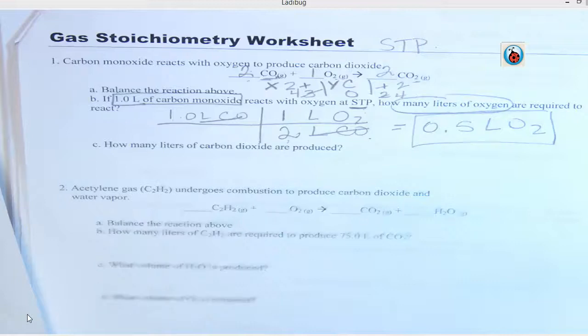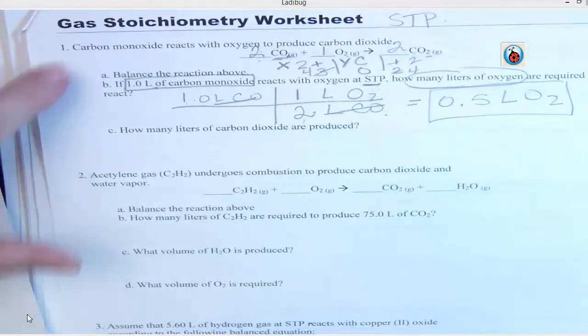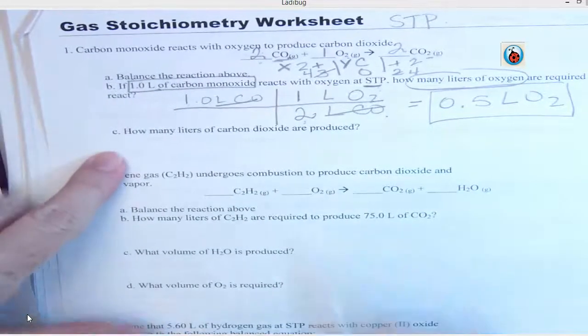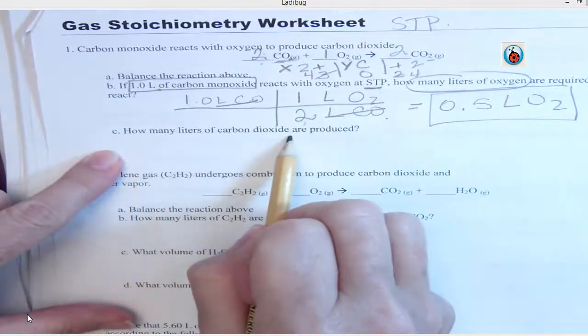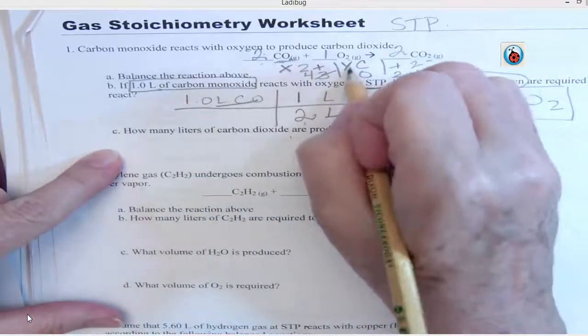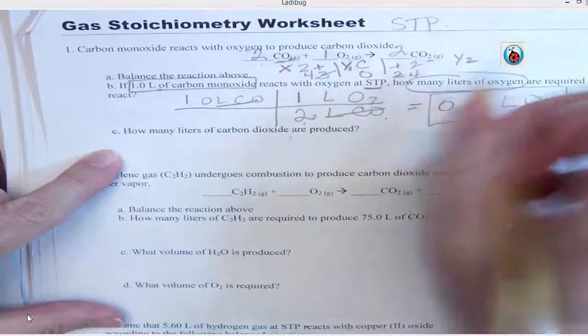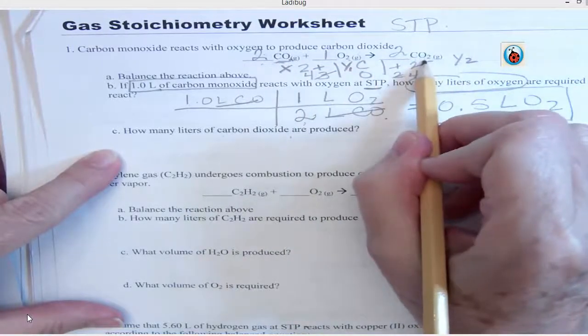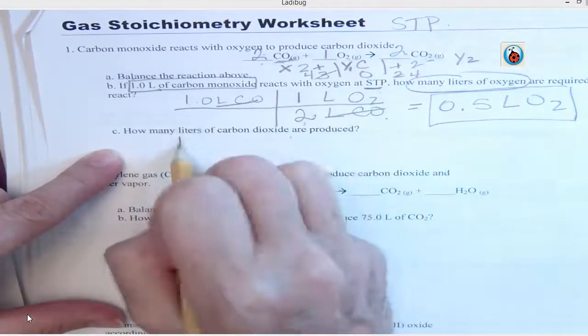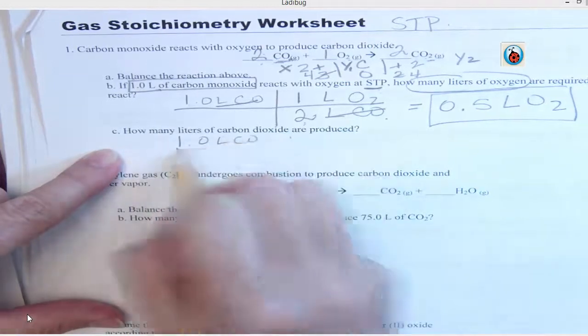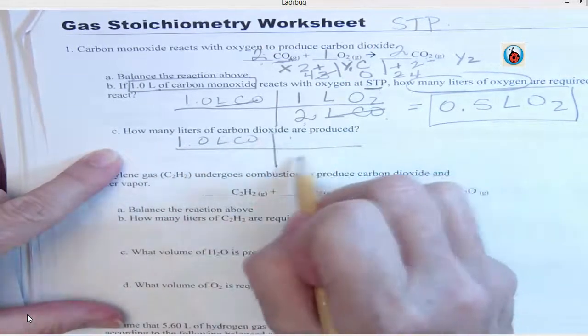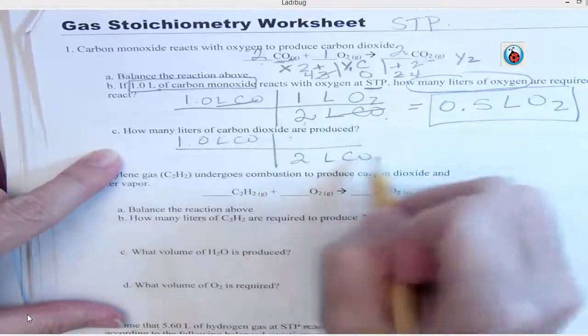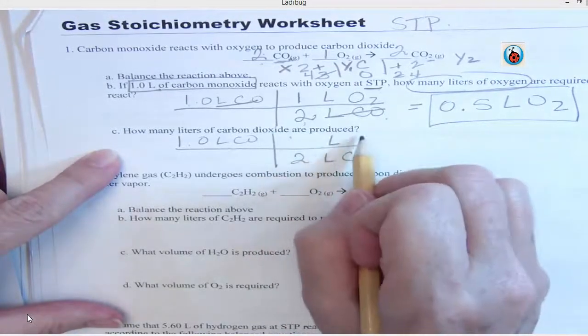All right, on C, well, that was 1B, right? On 1C, how many liters of carbon dioxide is produced? So that was my first Y. So my next Y is going to be this CO2, carbon dioxide. So I have the same X, but a different Y. So this part is going to be the same, but now I've got a different Y. I've got CO2.